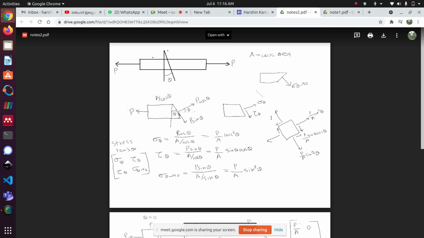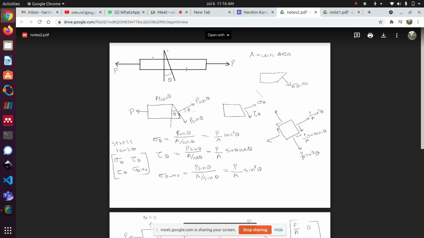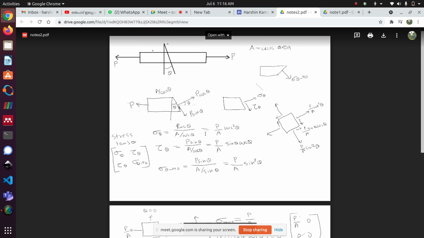And after that we took a bar and we applied axial forces on it, force P, and we tried to find out the stress tensor at a point. How did we do that?